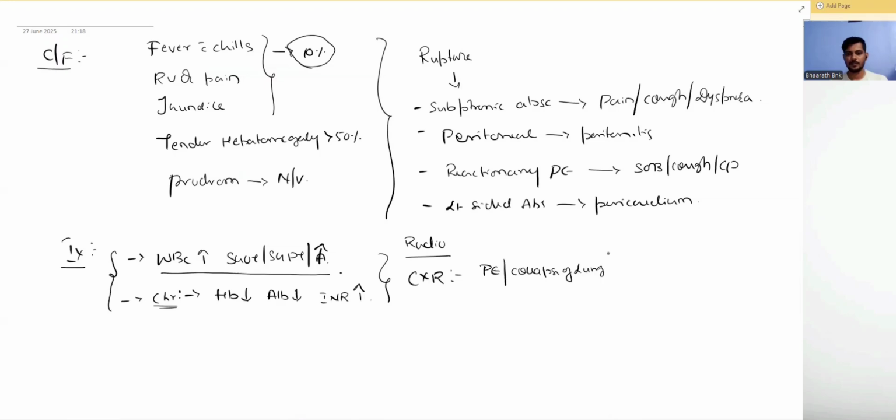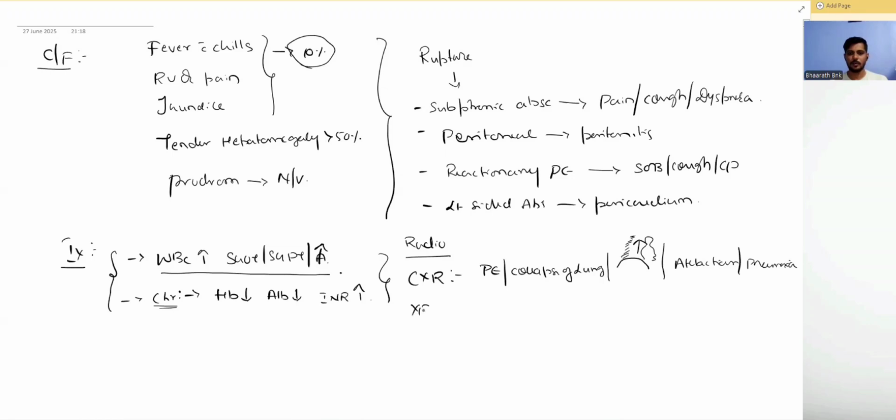And because there is abscess, one of the hemidiaphragms will be elevated, right? So the hemidiaphragm is elevated, then there is pleural effusion, and the lung is collapsed. And as the disease progresses, there can be atelectasis, which can even further progress to pneumonia. So all of this can be seen in the chest X-ray.